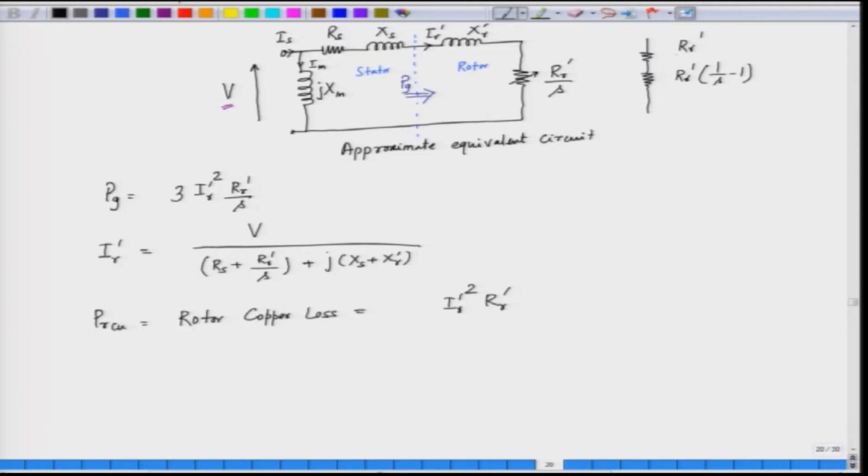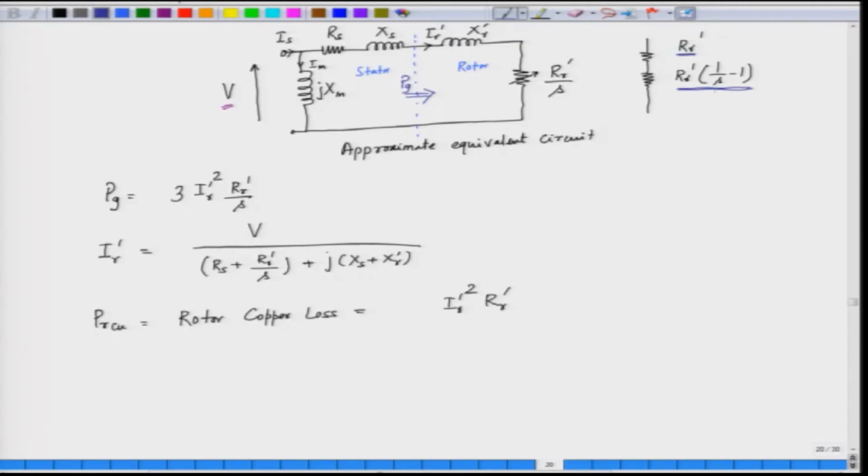So, this is a physical rotor resistance, and this resistance is a fictitious resistance. Now, in an electric circuit, when we try to derive the mechanical power, we have to have a means of finding out the mechanical power. Slip is a mechanical variable. So, this part involves slip. So, this represents the mechanical output.